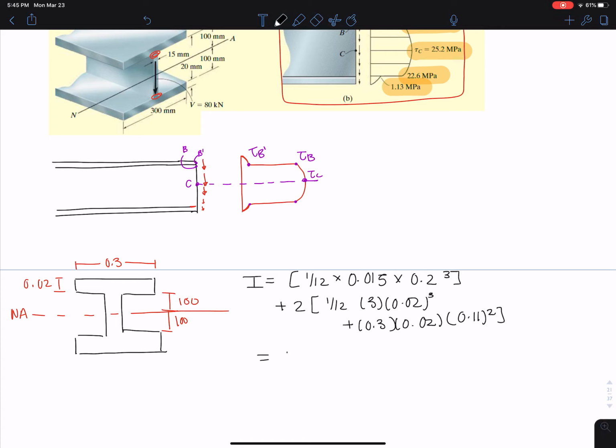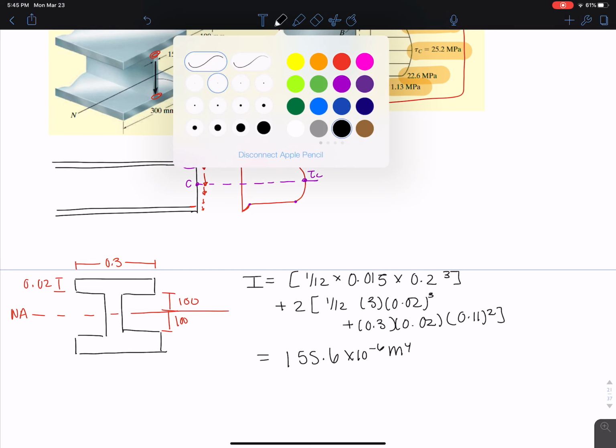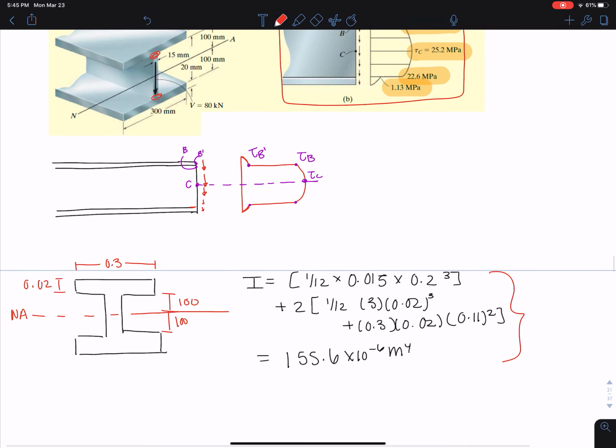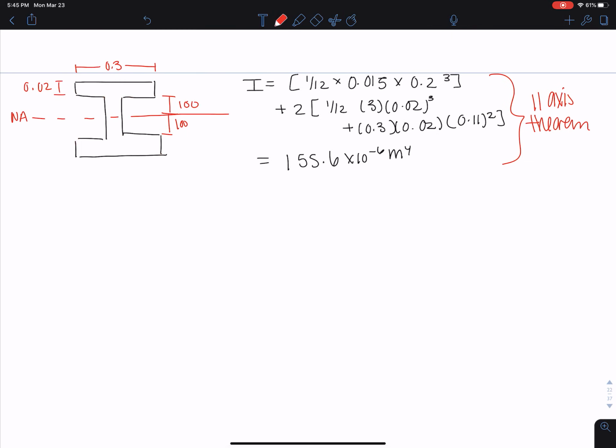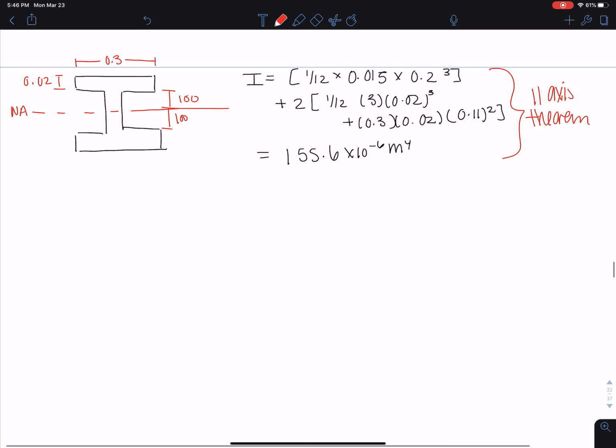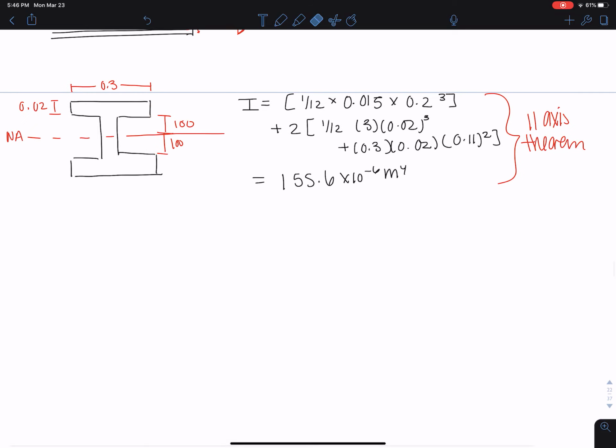And we get a moment of inertia of 155.6 times 10 to the negative 6 meters to the fourth. And this was parallel axis theorem, but feel free to use the hole method, where you cut out the holes as well.